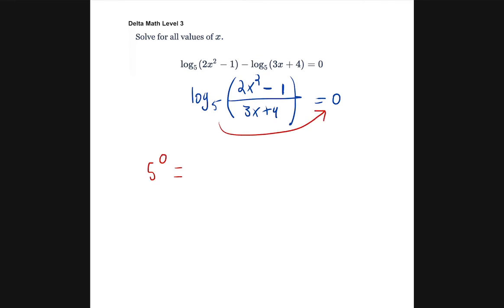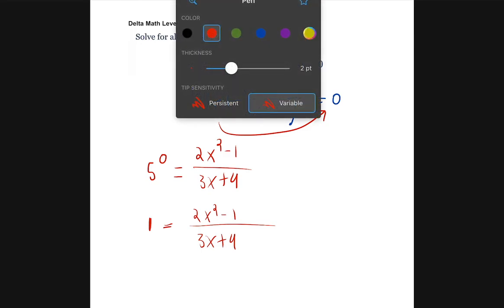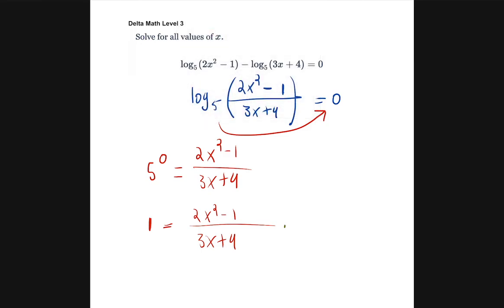5 to the 0 power equals 2x squared minus 1 over 3x plus 4. And so I have 1 is equal to 2x squared minus 1 over 3x plus 4. The trick here is to multiply both sides by 3x plus 4.